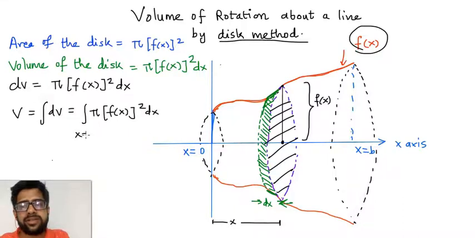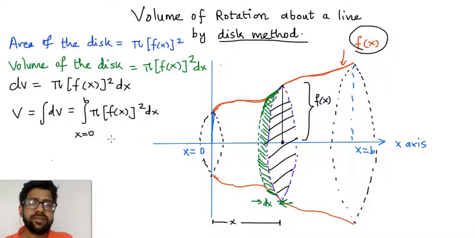Here the initial point is x is equal to 0 and the final point is x is equal to b. So let's write that. This formula gives you the volume of a solid figure, which is the result of the rotation of the area bounded by some f of x and some line, and the line in this case is the x-axis. We'll try to get the volume of a known figure using this formula, and we will cross check it because we know the standard volume of that figure.